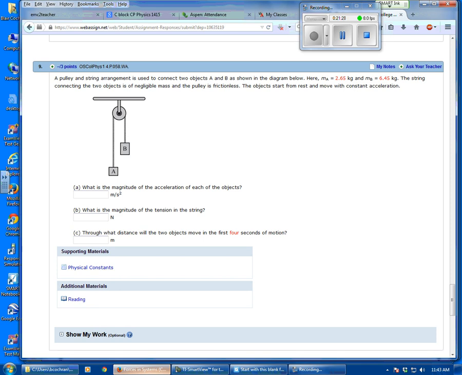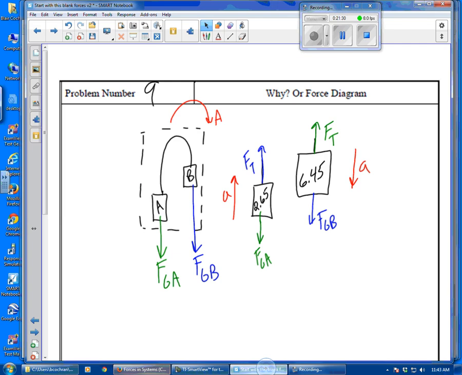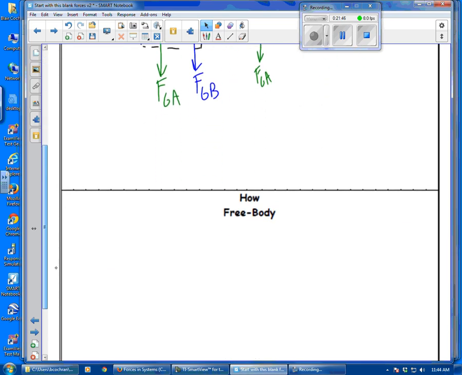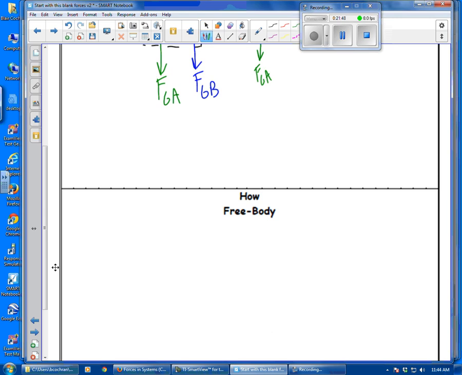That's good. So, acceleration. Probably use the system for the acceleration. That will be easier since then we'll know more. So, start with the system. Sum of the forces equals MA.